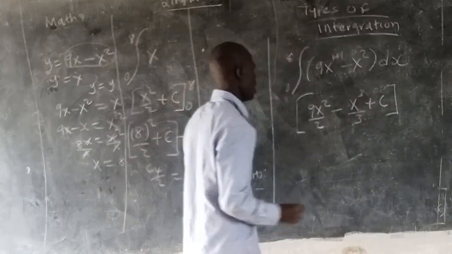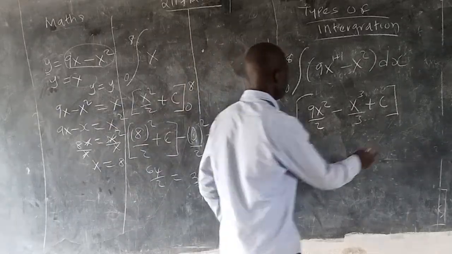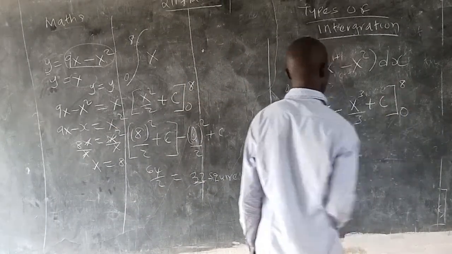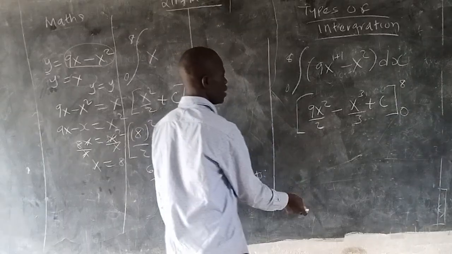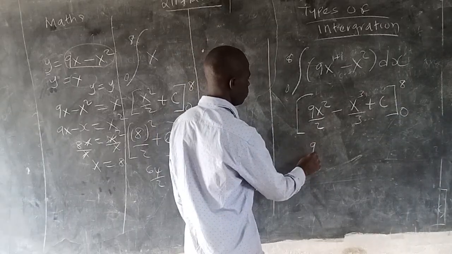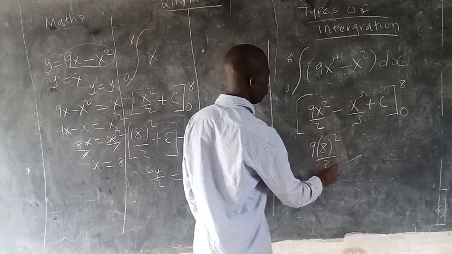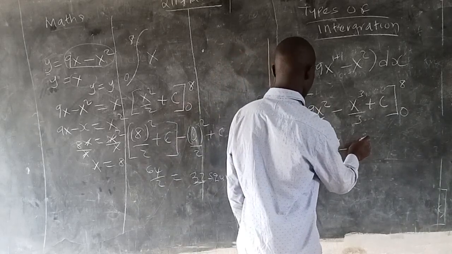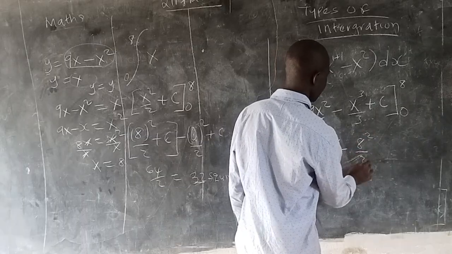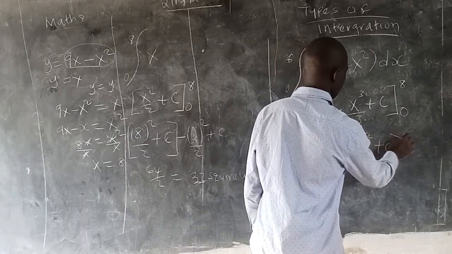The constant must be there. Then we integrate from which limit? From 0 to 8. So the first one we replace with 8, that is 9 into 8 squared over 2 minus 8 cubed over 3 plus c.